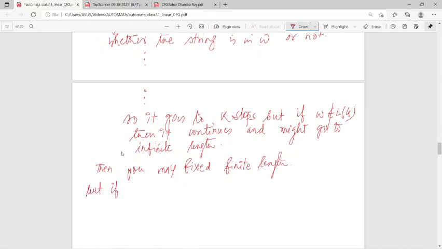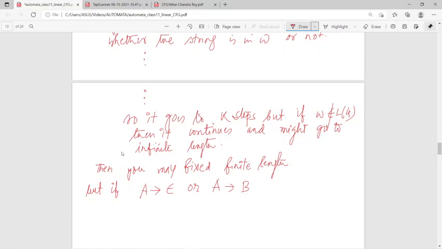Say if your production rule contains A to epsilon or A to B, then the sentential form may not grow. If you do this particular rule 100 times, it may be possible that your length will not reach 15, because you increase the length and then substitute epsilon, so that your length shrinks.